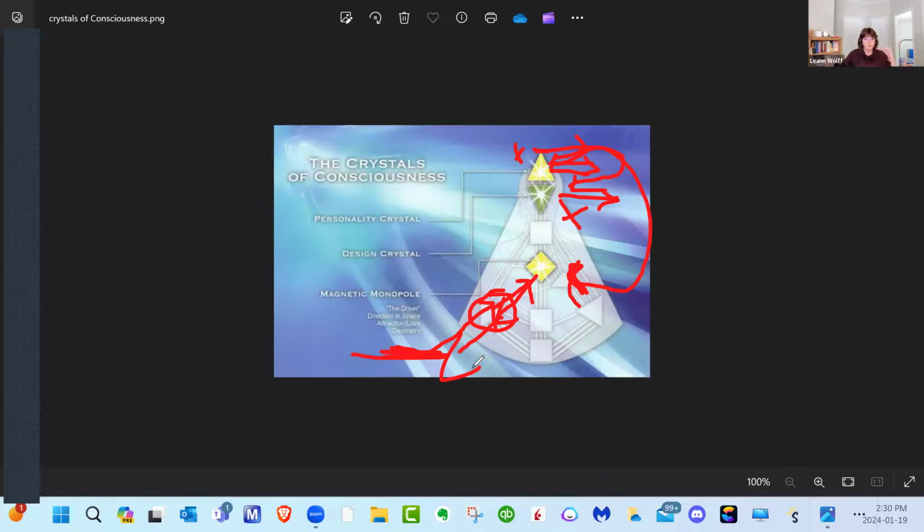I want to learn more about this. And you go out through those same doors so that you can experience someone else's design. And that's what the monopole does. It's the driver. It is constantly magnetizing, because it's the magnetic monopole.